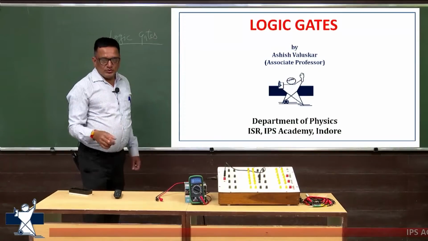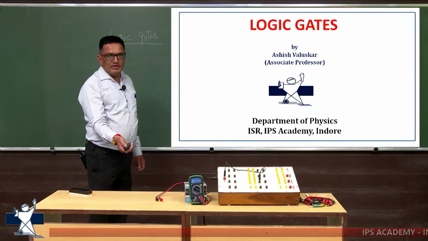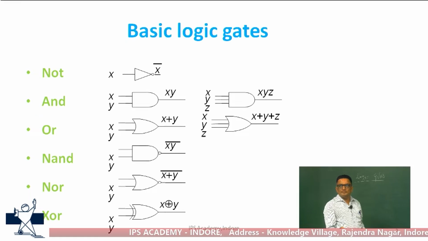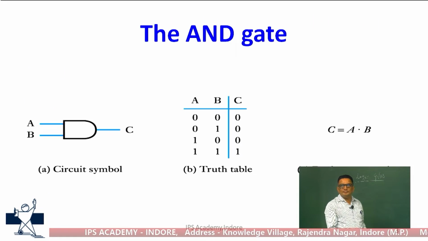Now I will show you a slide and explain each slide one by one. Here you can see a series of basic logic gates: NOT, AND, OR, NAND, NOR and XOR, and their symbols. Now we will start with the basic logic gates.